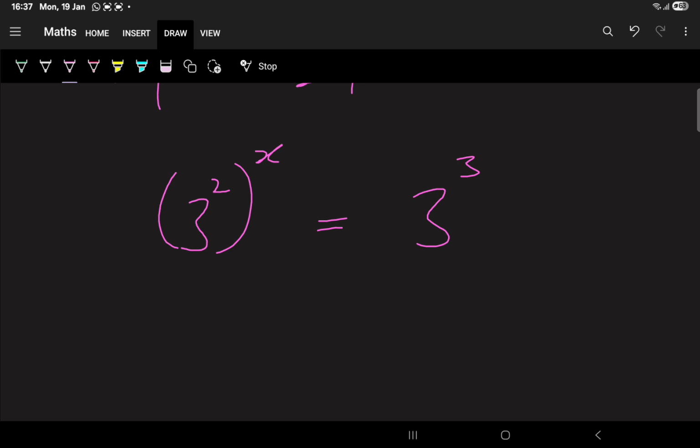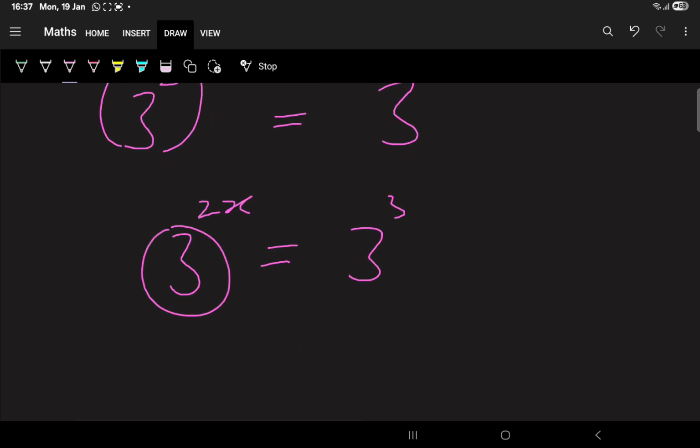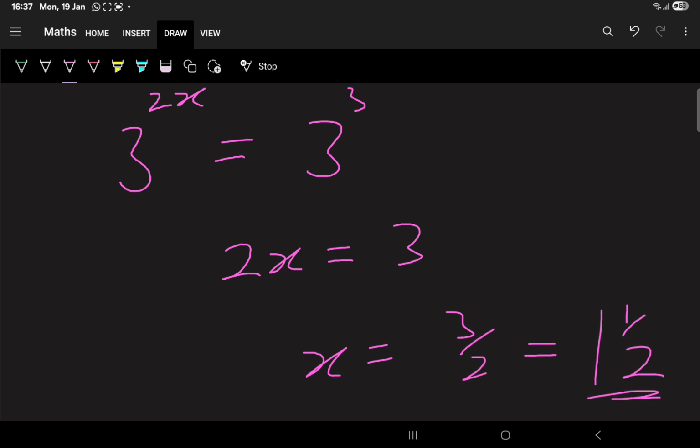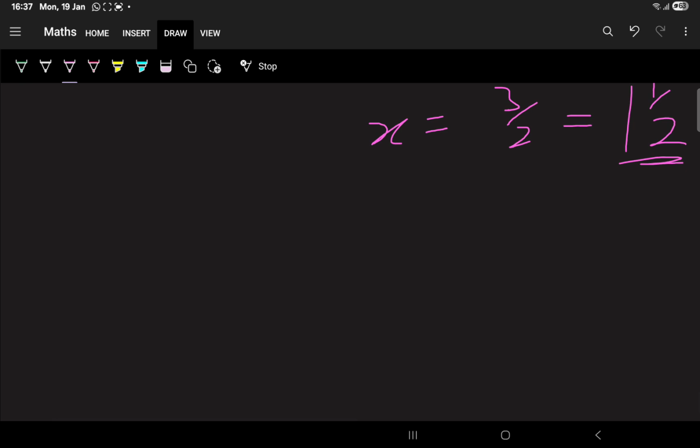Now we multiply the index here, which is 2, so we have 3 raised to the power of 2x equals 3 raised to the power of 3. Now remember, anytime you have the same bases, we can equate their indices. So 2x is equal to 3. Therefore, x is equal to 3 over 2. Simplifying this, we have 1 whole number 1 over 2. And this is the solution to that.